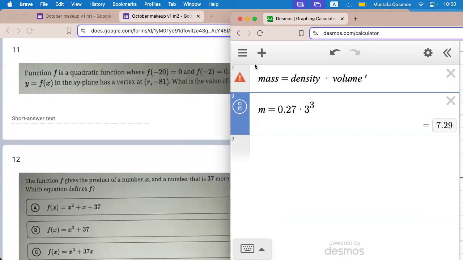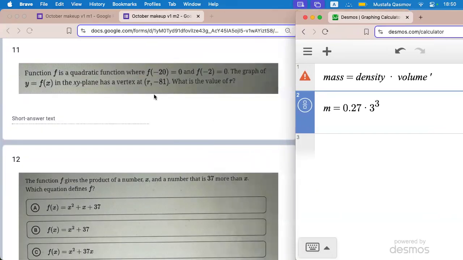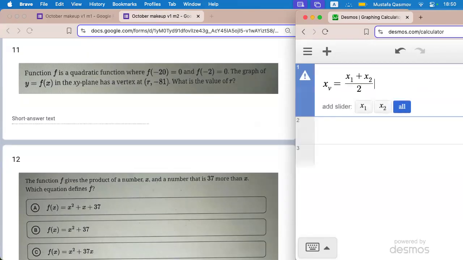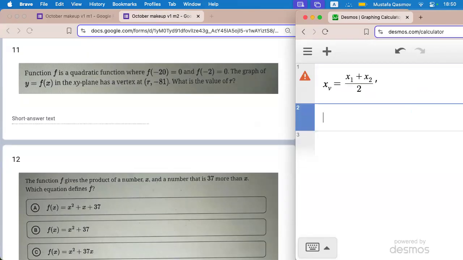11. Vertex. For vertex, we have a lot of methods to find x vertex or R, and one of them is x vertex is equal to half of sum of x-intercepts, like that. X vertex is equal to x1 plus x2 over 2. X vertex is R. R is equal to negative 20 plus negative 2 over 2.